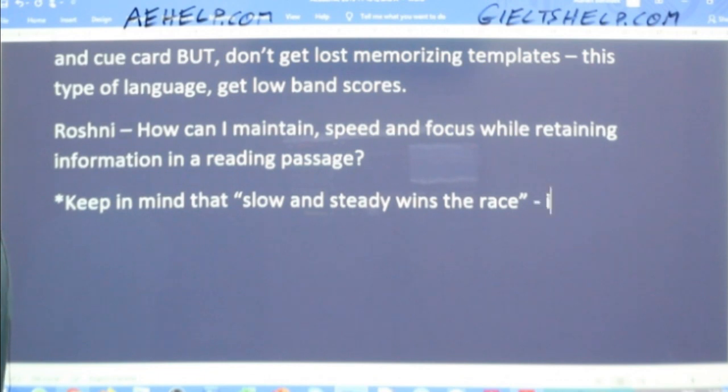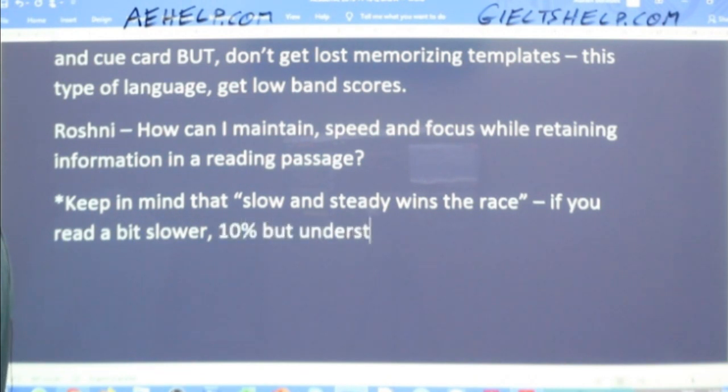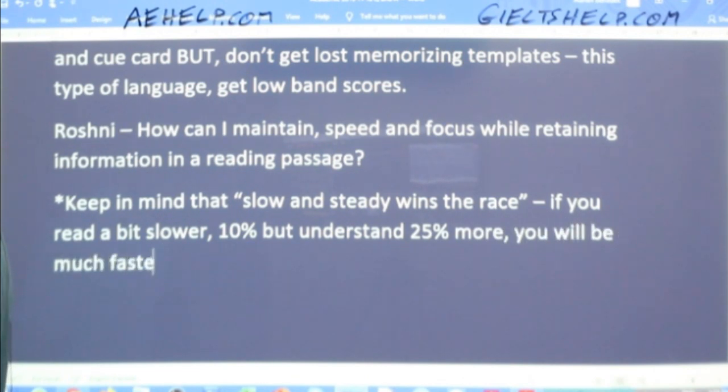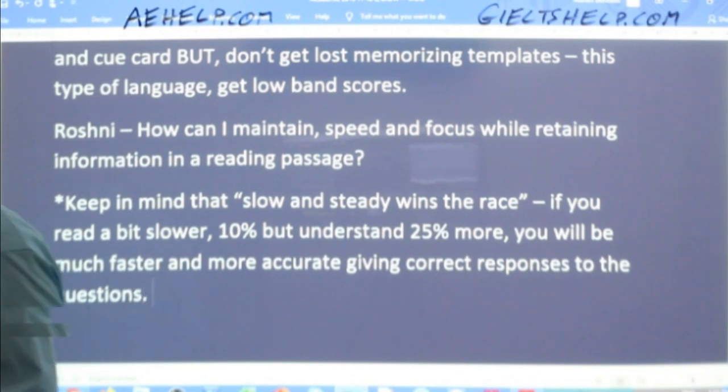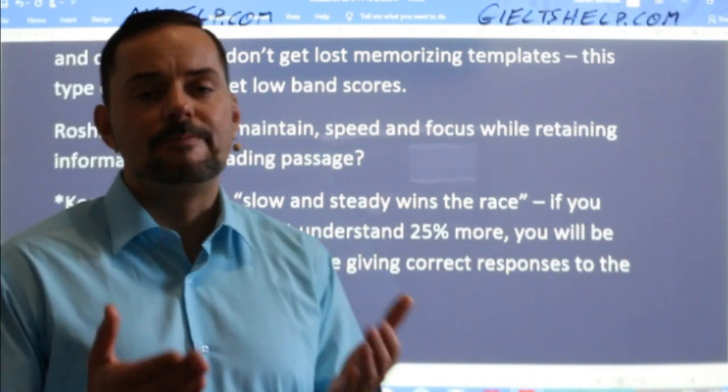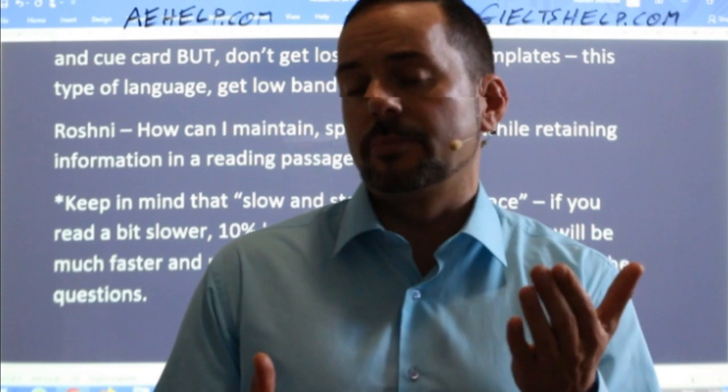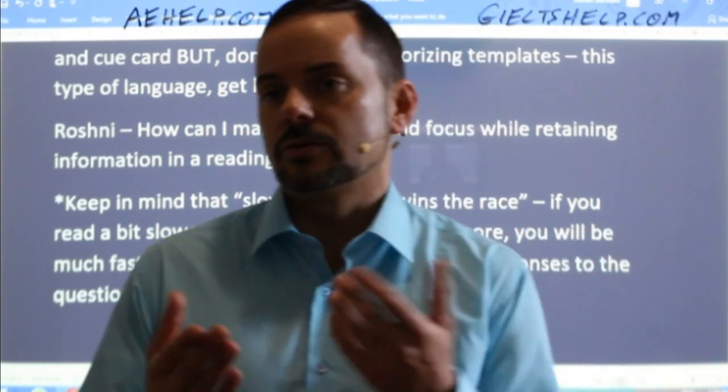So if you read a bit slower, let's say 10%, but understand 25% more, you will be much faster and more accurate giving correct responses to the questions. So keep that in mind, Roshni, that you have to find the right balance between reading speed, comprehension and giving answers. Okay, so that's one, Roshni.